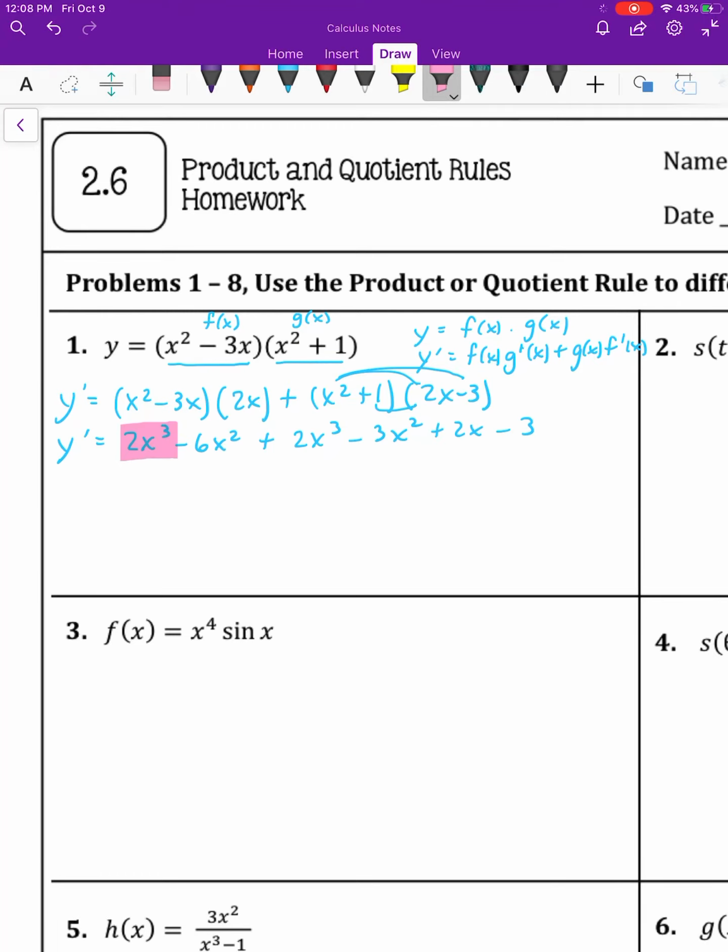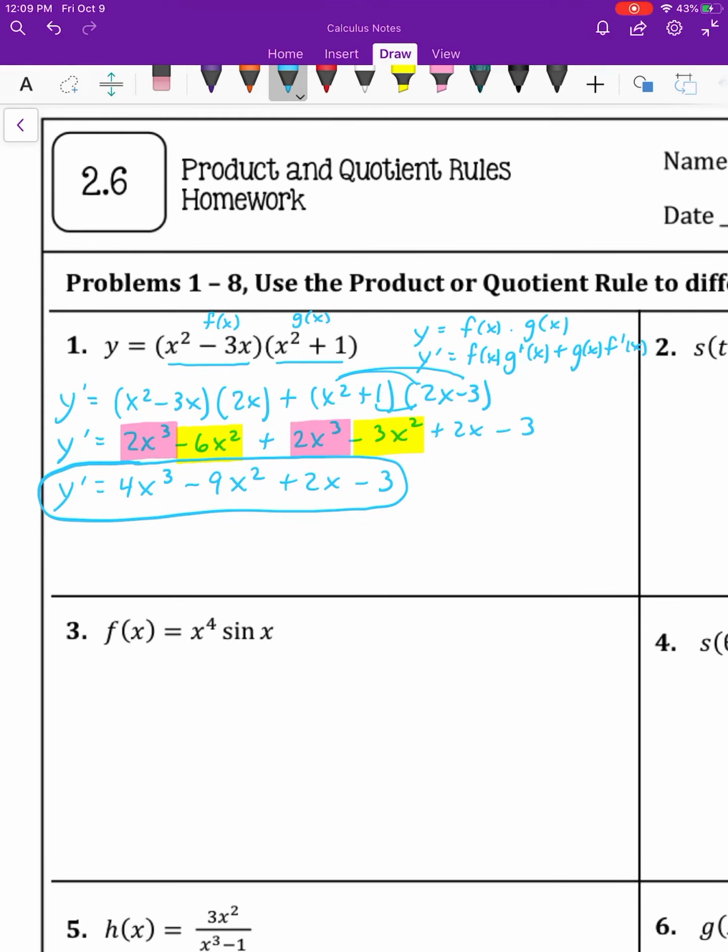I've got my x cubes here that I'm going to combine. And I've got my negative 6x squared and negative 3x squared that I'm going to combine. And then I've got my plus 2x minus 3. And that will be my derivative.